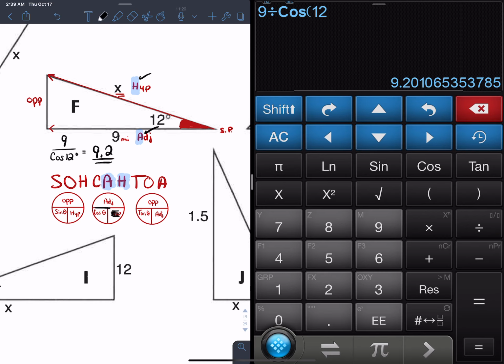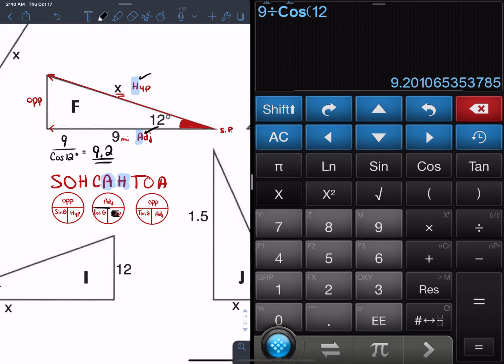So when you are looking at these, I don't care where you round off unless the hypotenuse rounds off to be the same value as one of your other sides. That cannot happen.